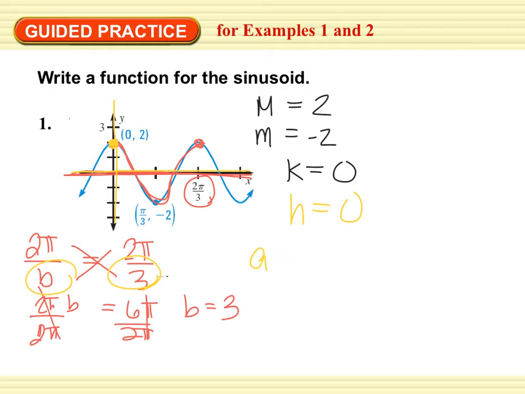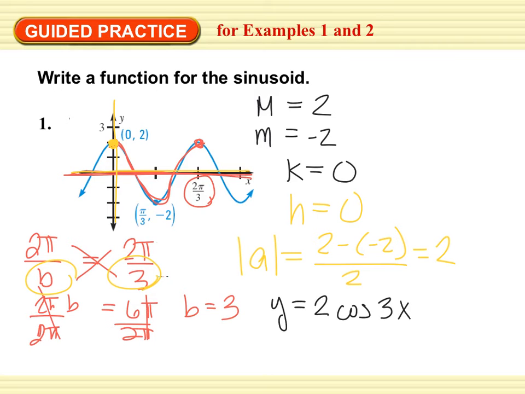My amplitude is going to be maximum minus minimum over 2. 4 over 2 is in fact 2. I think I've got everything I need. It's not reflected. Let's go ahead and write our answer. Y equals a cosine b x. H and k are both 0, so I'm done.